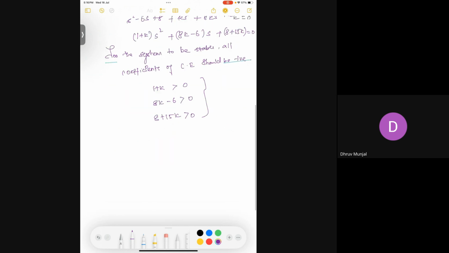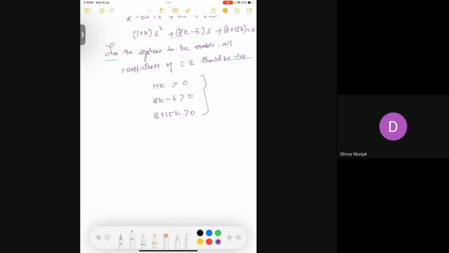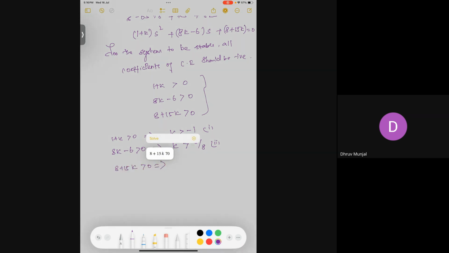It should satisfy all these three conditions. According to the first condition, 1 plus K greater than 0, this will give you K should be greater than minus 1. This is the first condition. Second, 8K minus 6 greater than 0, will give you K should be greater than 6 by 8. Third is 8 plus 15K greater than 0, so this will give you K should be greater than minus 8 by 15. Is it right?